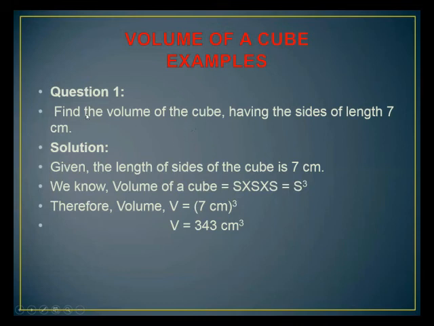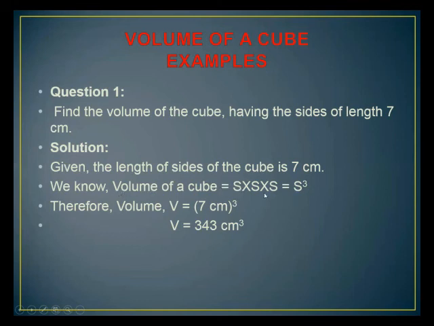I again repeat: find the volume of the cube having sides of length 7 centimeter. The length of the sides of the cube is 7 centimeter. As it is a cube, all the three sides are equal in measure. Means length, breadth and height are each 7 centimeter because it is a cube. And to find the volume of the cube, what do we have to do?